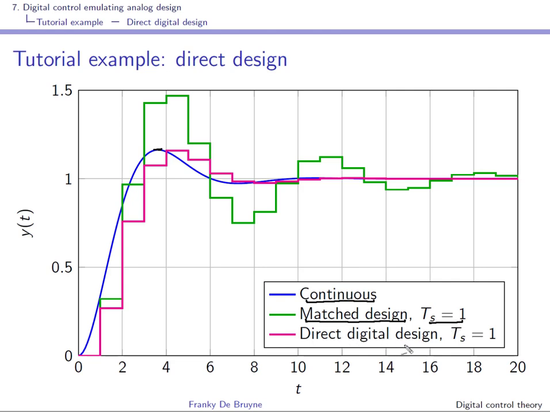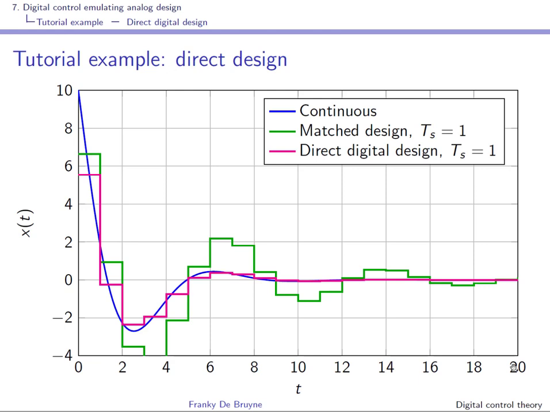But you can also see that if you use a digital controller that results from the direct digital design, again with the same sampling period of Ts equal to 1 second, you obtain very good results. The specifications are met. We have an overshoot of roughly 17%, and the settling time is also approximately 10 seconds.